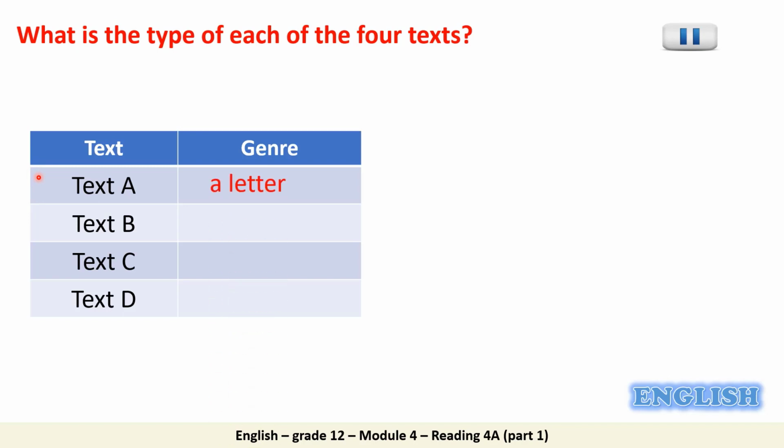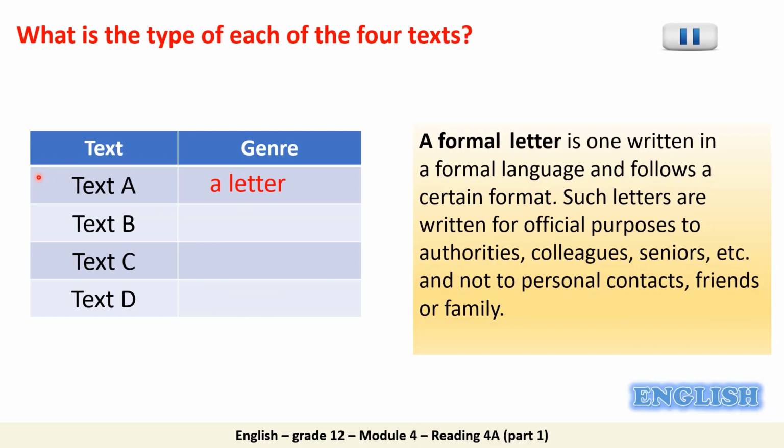Excellent. It is a letter. In fact, it is a formal letter that is written using formal language. Formal letters are written for official purposes to the authorities or maybe your boss at work. They're not written for friends or family members.